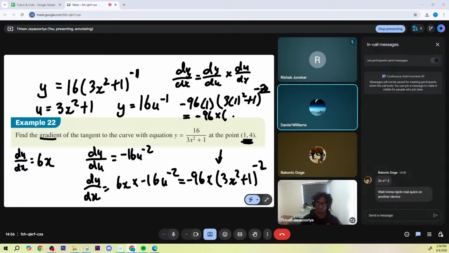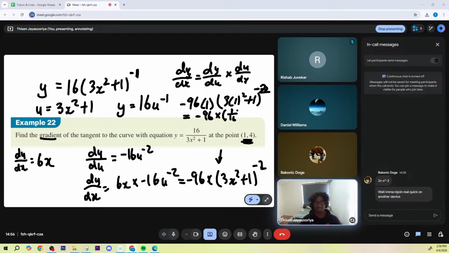Wait, not minus. 1 over 16, because it says 3 plus 1, which is 4, right? Right. And then we have 4 to the power of negative 2, which is just 1 over 16. Yeah, so that means we just get here negative 6 is the answer. Yeah, I get that. Does that make sense for the two of you? Yeah.